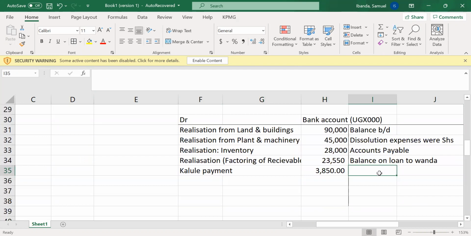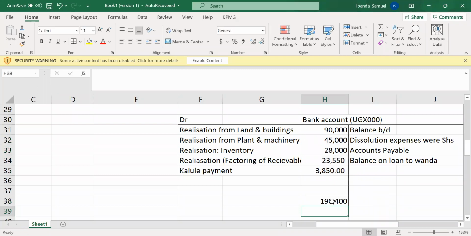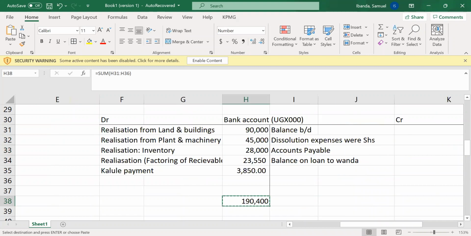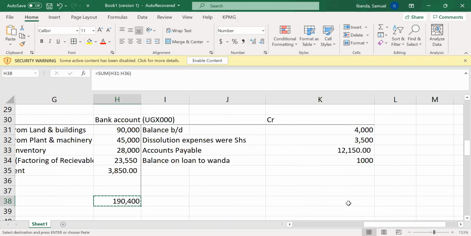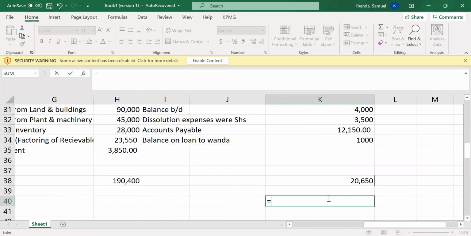Remember, I'm going to pay these partners. These partners are going to share the balance that remains in the bank account. Now you're going to realize that when you balance off your bank, this is 190, and this side is 26. Let me get the difference between these two values.